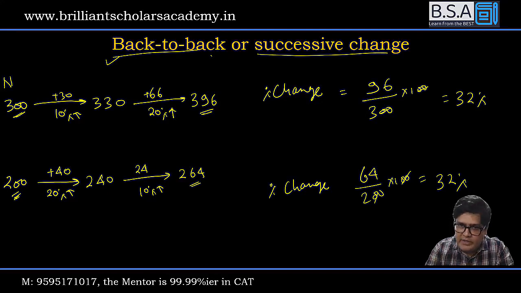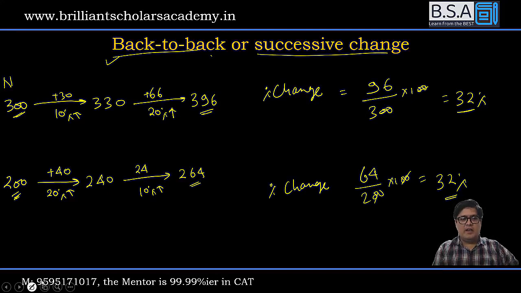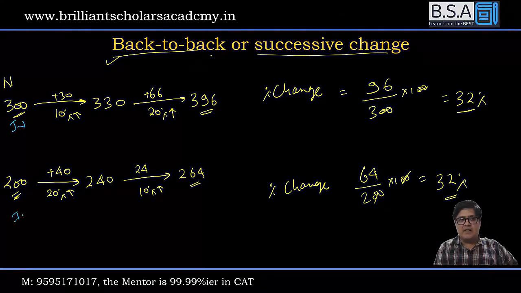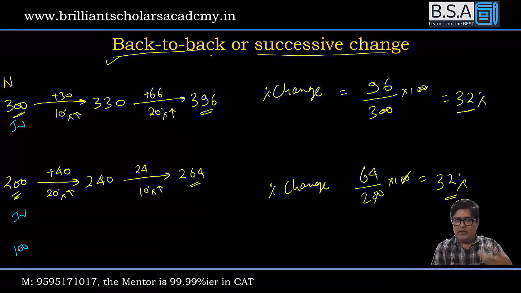What I'm trying to teach you is, can I say the overall percentage change does not depend upon the initial value. I started with 300, I started with 200, I could have started with 100, or any random number 1, 2, 3, 4, 5, 6.